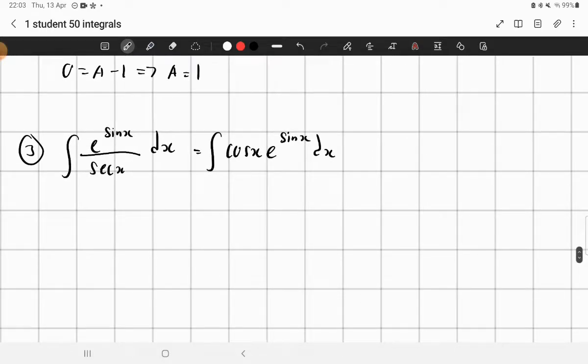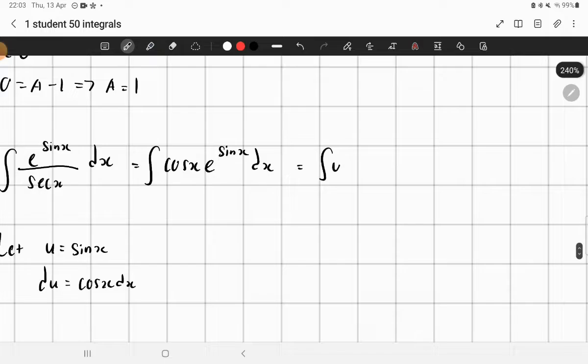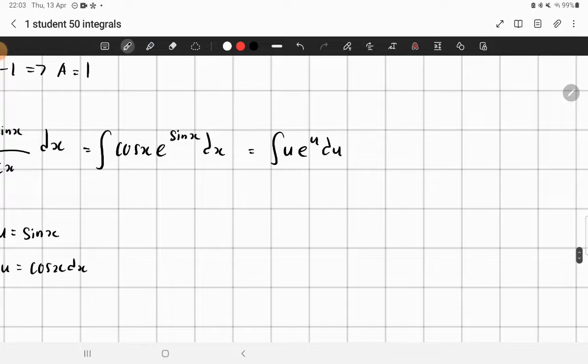So here I'll be letting u as sine of x. And when I take the first derivative, I will have cosine of x dx. So essentially, I will have the integral of u e raised to the power of u du. And now you recognize this. You could solve it by using integration by parts.